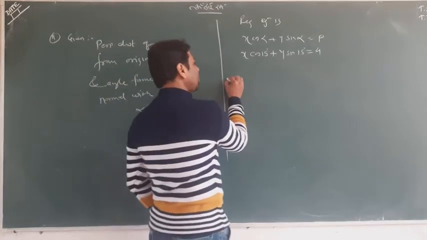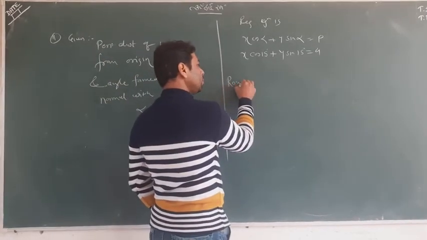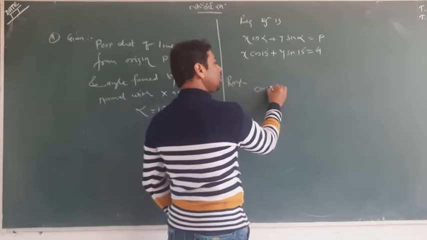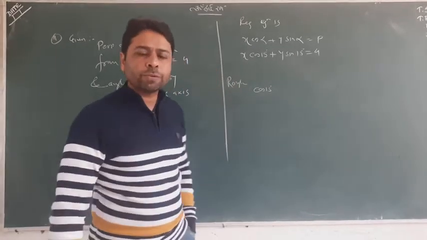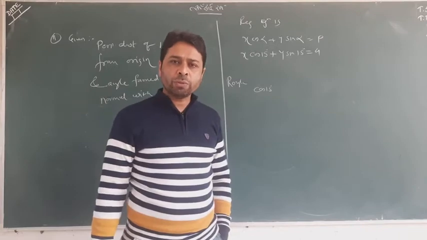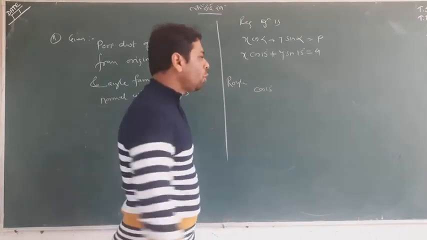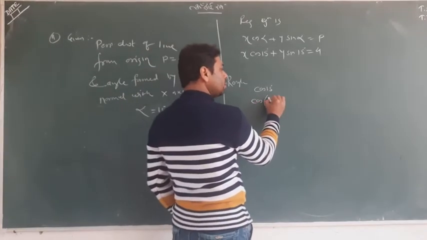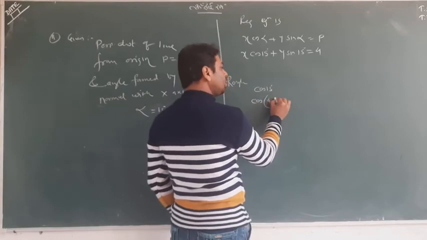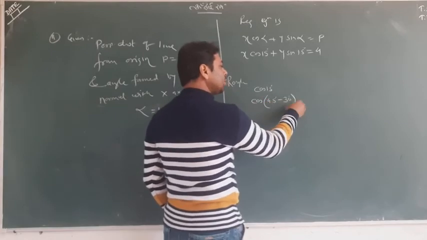So okay, this is my rough section. What is cos 15? How can we find the value of cos 15? In the trigonometric section we already studied it all. Cos 15 means cos of 45 minus 30.